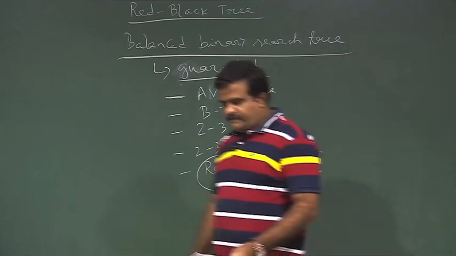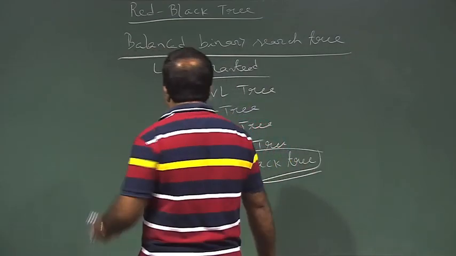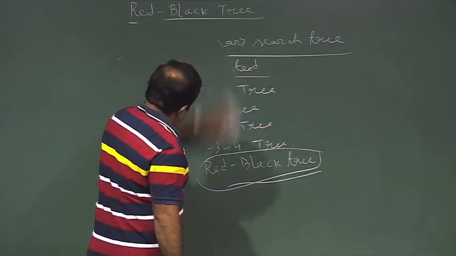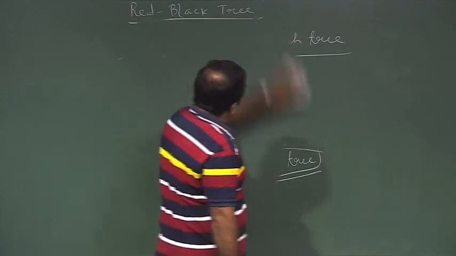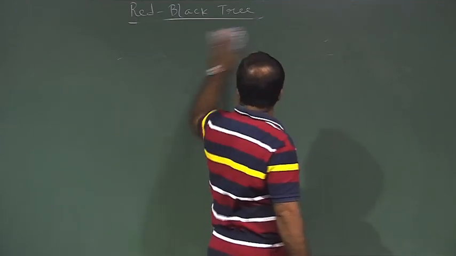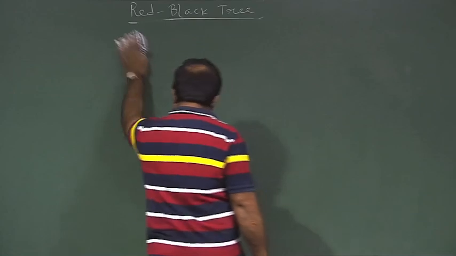So, what is a red black tree? What is the definition? A red black tree is a binary search tree with some properties.